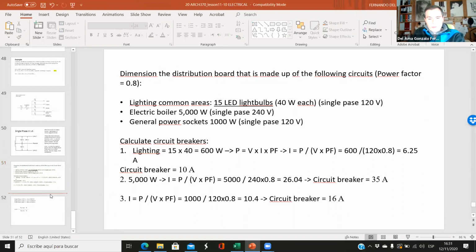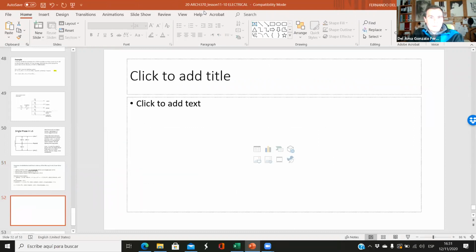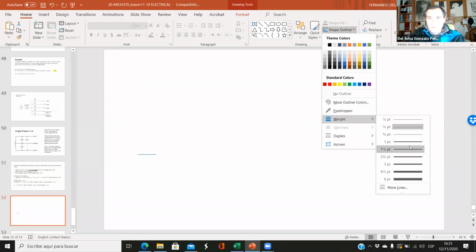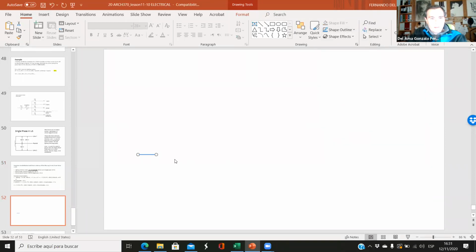And then if you want to draw a single line diagram, and in architecture we have to do this, we should be able to work with this single line diagram. So I'm going to do one very quickly now. This is always like this. I don't want arrows here.